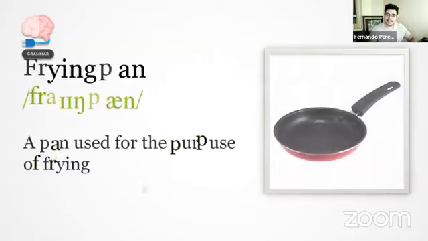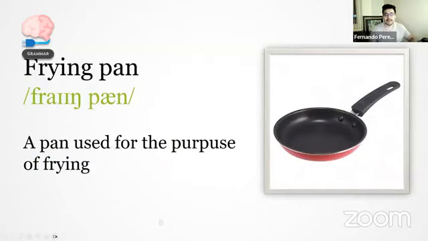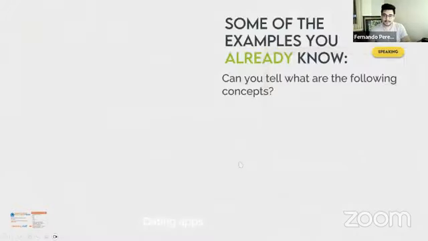A frying pan is a pan used for the purpose of frying. There are different types of pans. In the past classes we saw woks, there is a pan for the soup, there is a pan for the beans. There are specific usages for the pans. This is a specific frying pan for the purpose of frying.